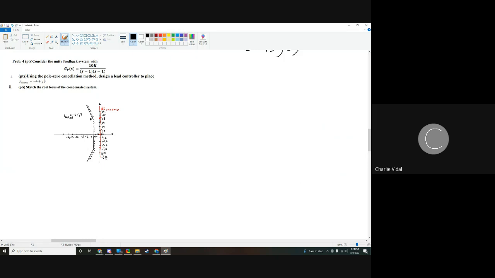You're going to cancel this pole over here. And for this one, you have to cancel a pole and then place another pole. Cancel a pole and then place a 0. No, actually.